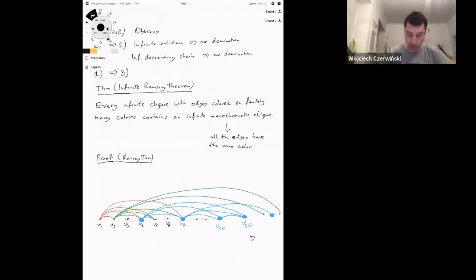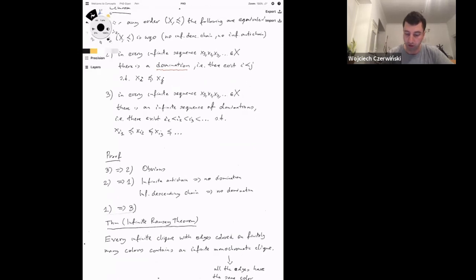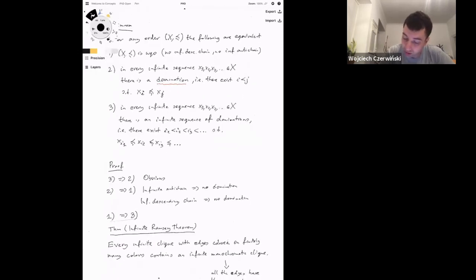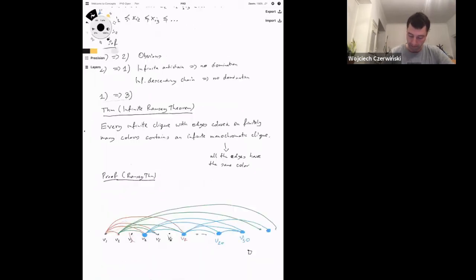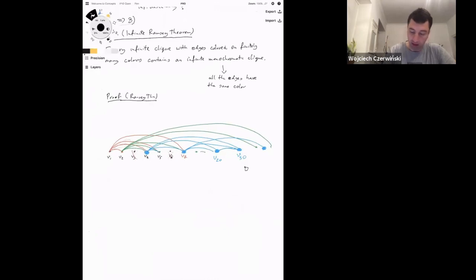Let's recall what we wanted to prove: that if our order has no descending chain and no infinite antichain, then in every sequence there is an infinite subsequence of dominations. So let's take our sequence x1, x2, x3, x4, x5, and so on, and we want to extract an infinite subsequence of dominations.